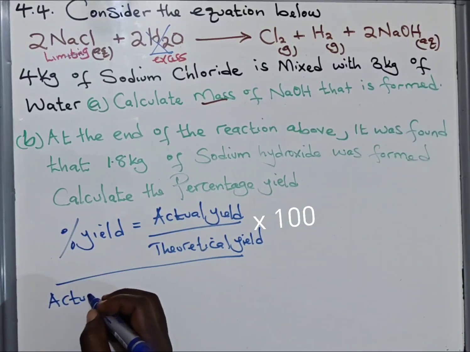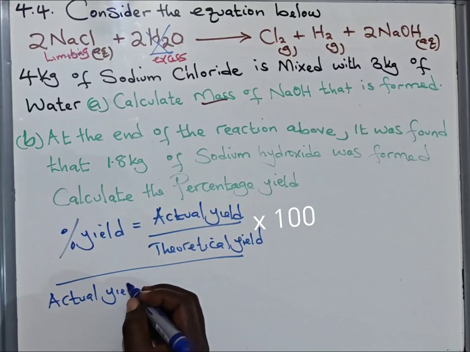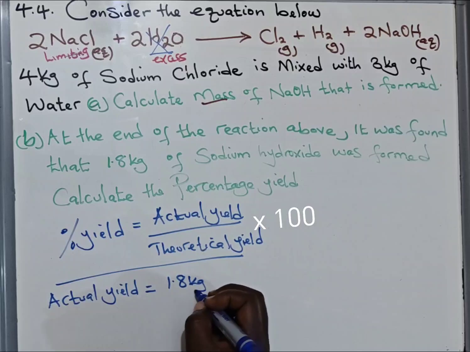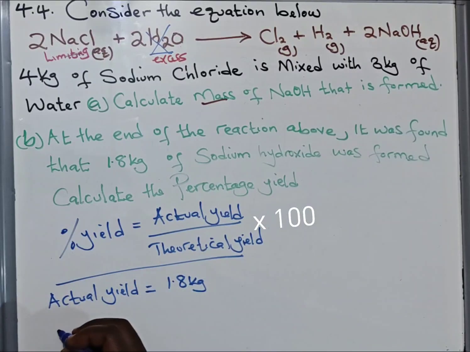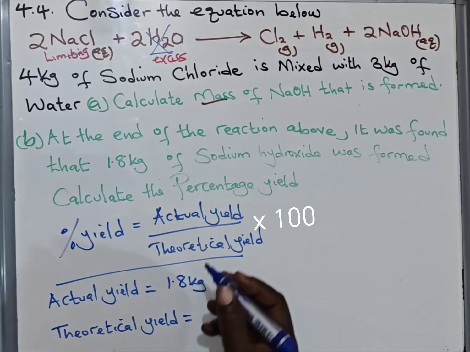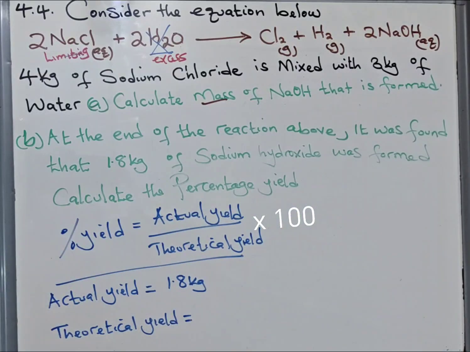So our actual yield is 1.8 kilograms. And theoretical yield is what we calculated as the maximum mass, which we found as this 2.735 kilograms.